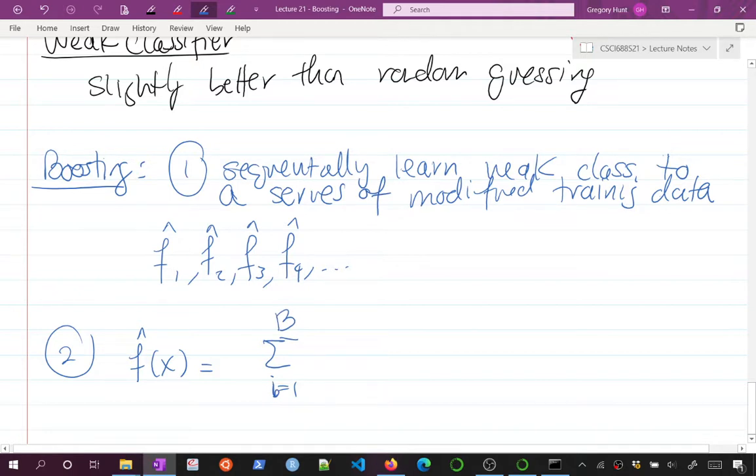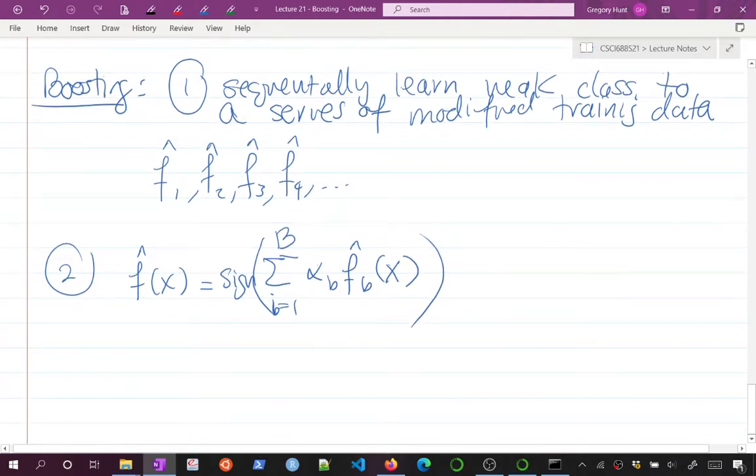Our final boosted classifier is basically going to be a weighted vote of the original series of classifiers.